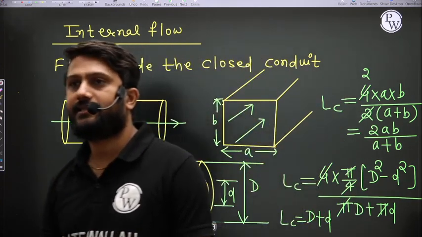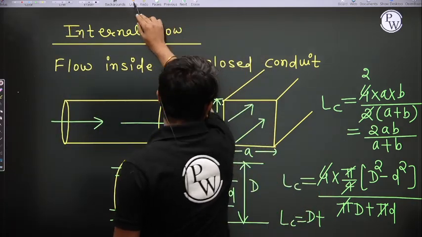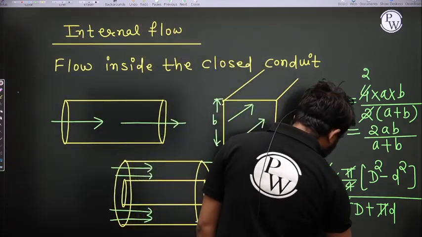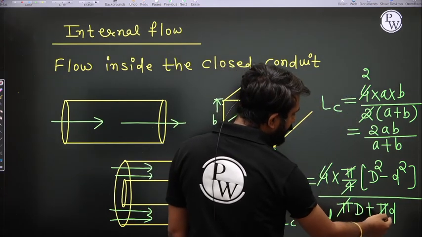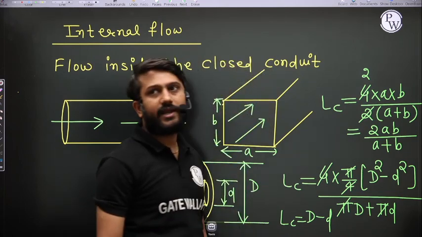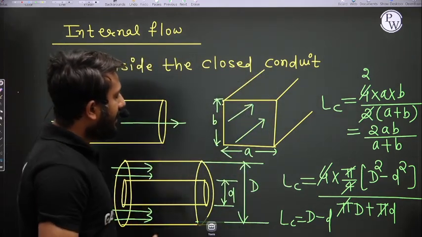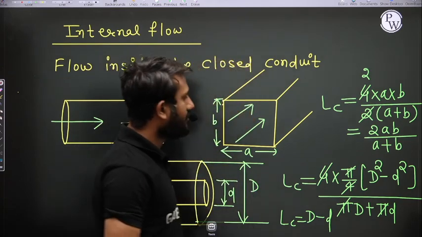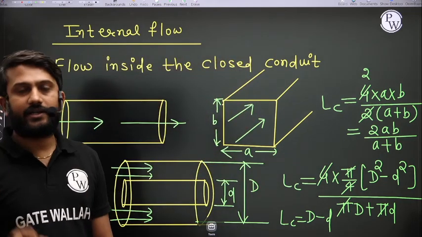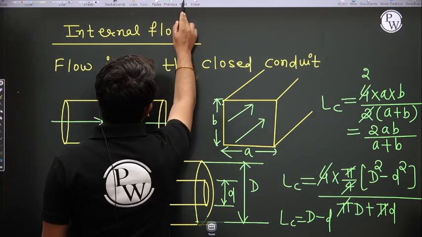Expanding A square minus B square as A minus B, A plus B, capital D plus small d cancels out from the numerator and the denominator. So only capital D minus small d remains. So this is the Lc.